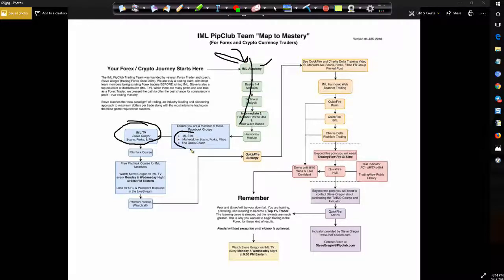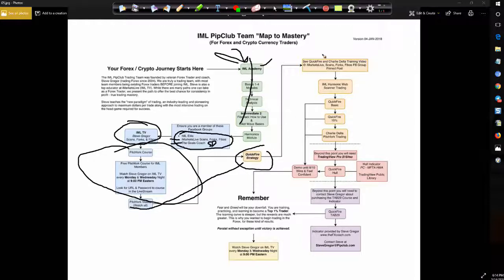We tell you what groups you should be part of. You should already be a part of IML Elite. You should join iMarkets Live Scans, Forks, and Fibos. You should join the Goals Coach to partially contribute to some of your self-development over time. And then you'll go through the free Pitchfork course. You'll go through the harmonic modules at IML. We'll introduce our quickfire strategy, which is very high end, and we offer several money management schemes to run with quickfire, including basic, quickfire 15, Charlie Delta, bring pitchforks back full circle, and we use them with the scans.